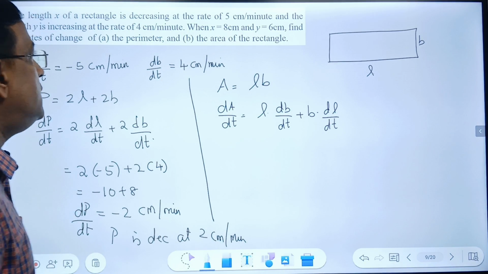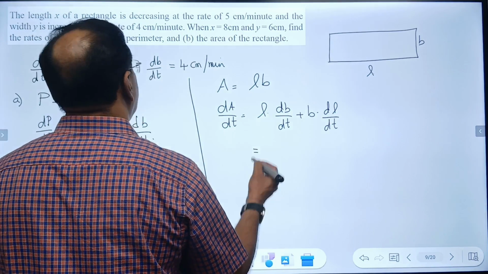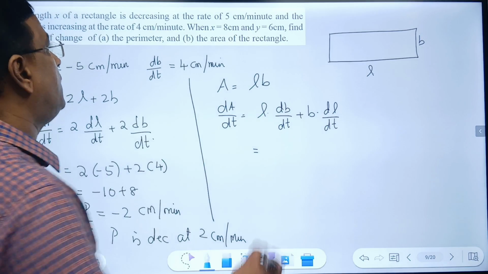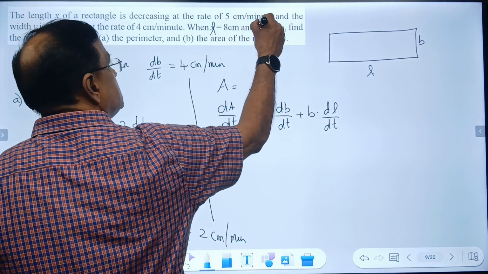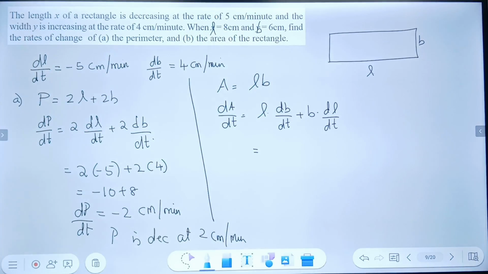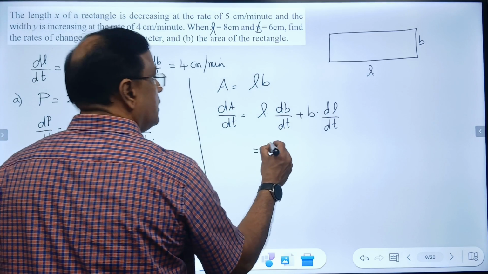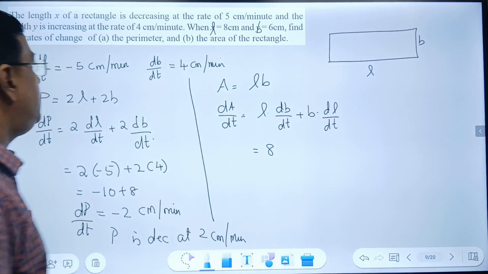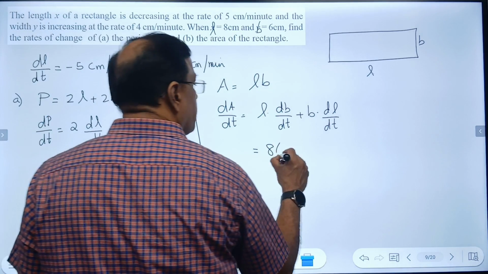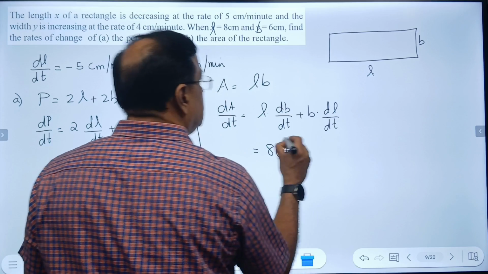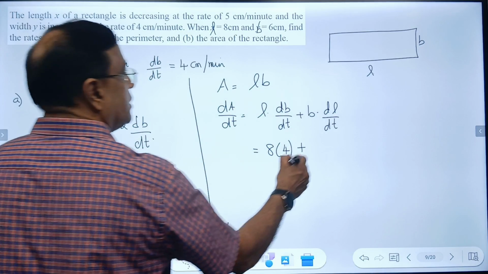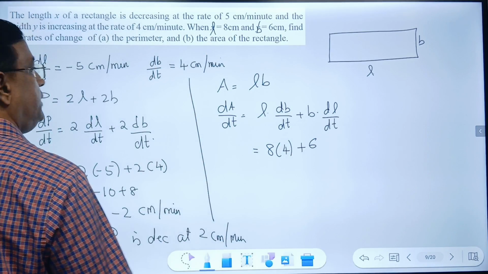I should have taken it as x and y, so I'll change this to L and this to B. Okay. It is given that L is 8 and dB by dt is 4, and it is given that B is 6 and dL by dt is minus 5.